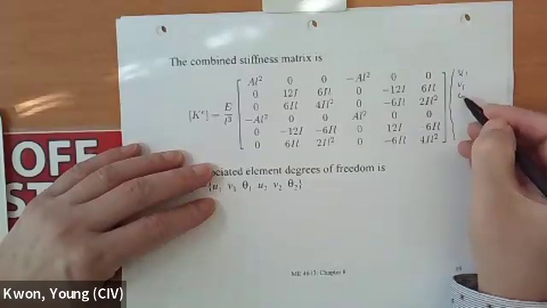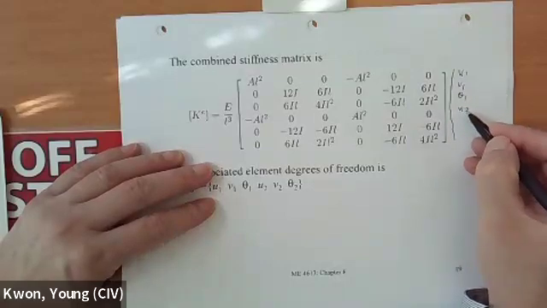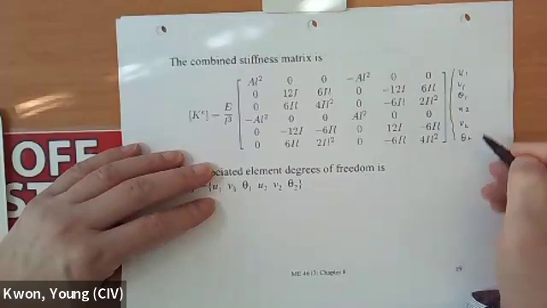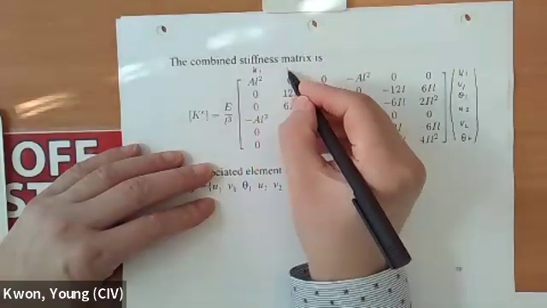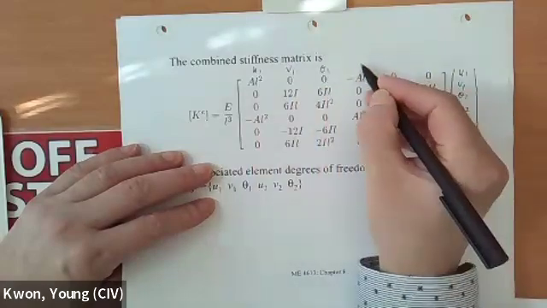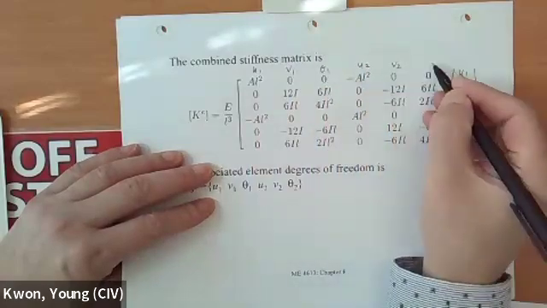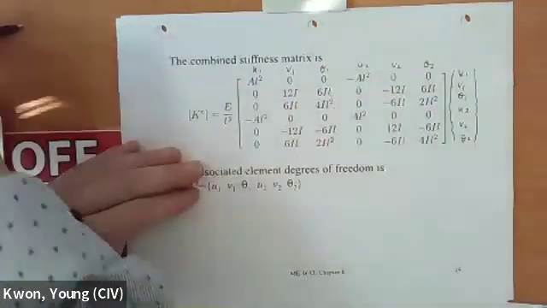U1, V1, theta 1, U2, V2, theta 2. So this is U1, V1, theta 1, U2, V2, theta 2, right?